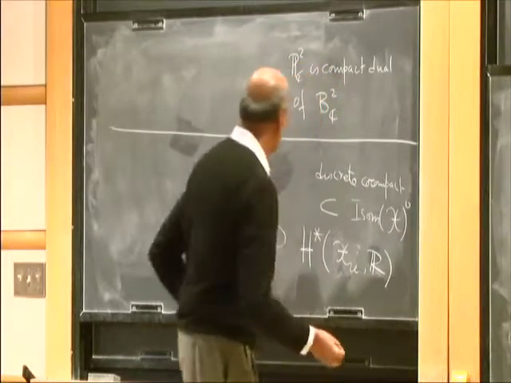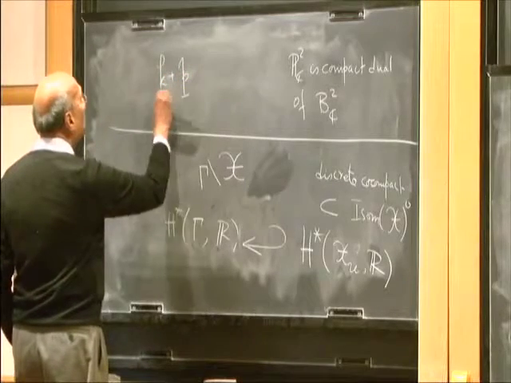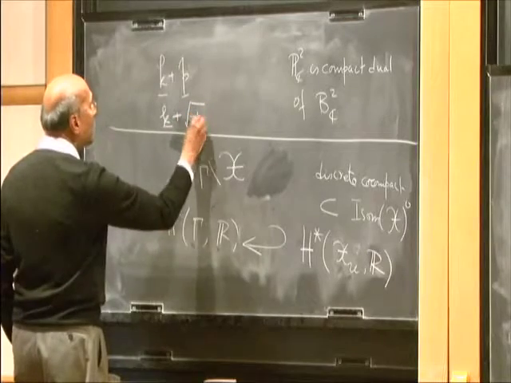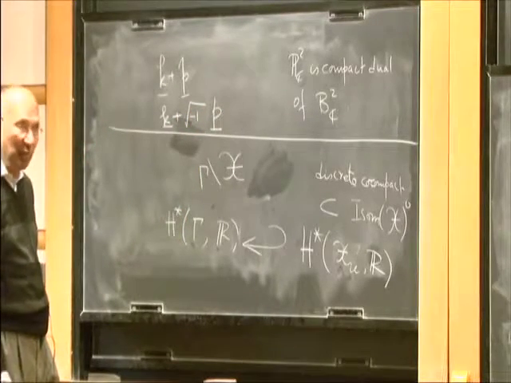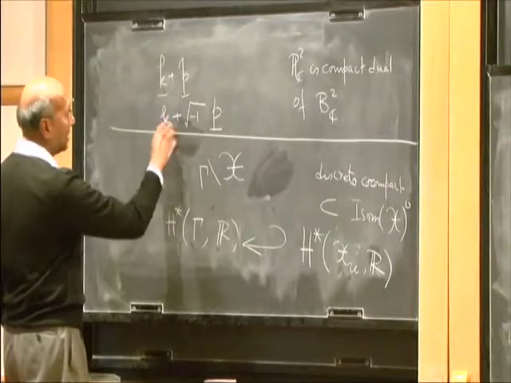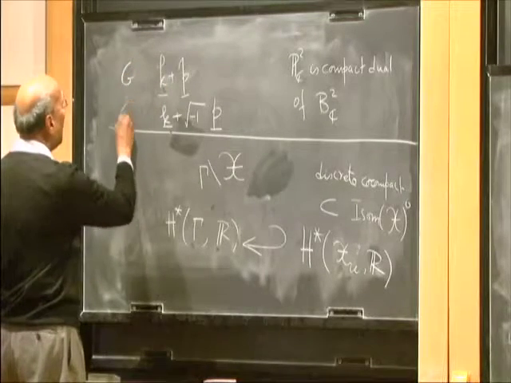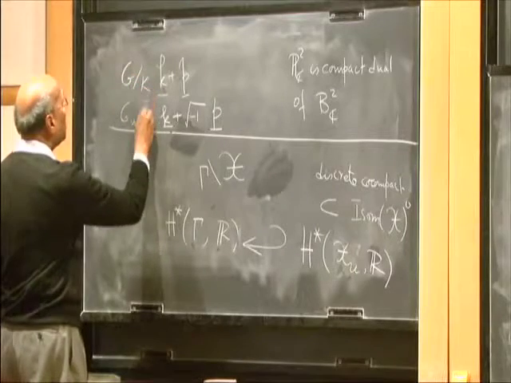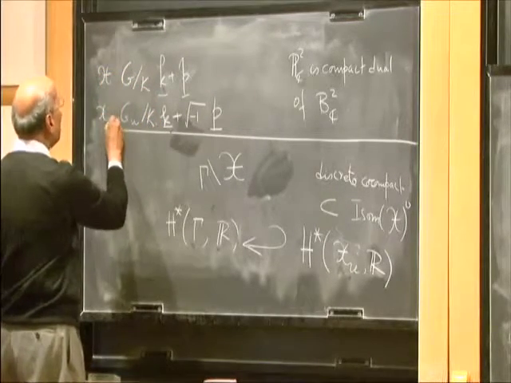So if you use K plus P decomposition for the Lie algebra, then if you replace K plus P by K plus square root minus 1 P, you get a Lie algebra with compact Lie group, and the K part still is there. So this group, which came from G, gives me a GU with the same K. So you have GU mod K. So this is my X, and this is my XU.